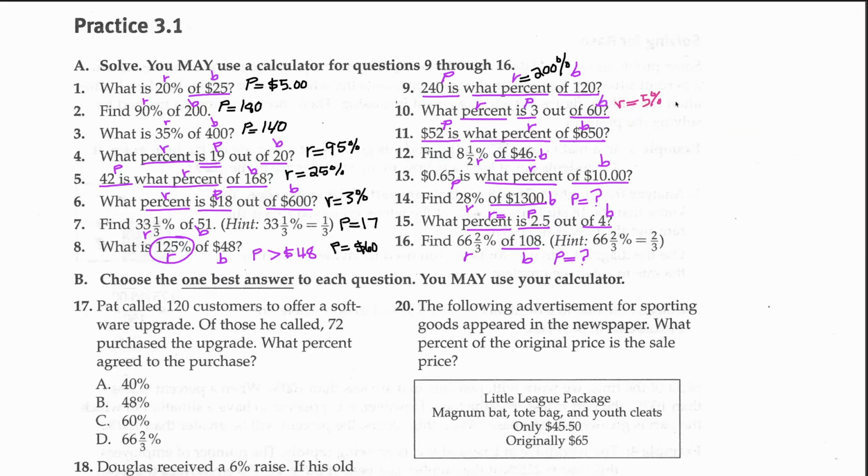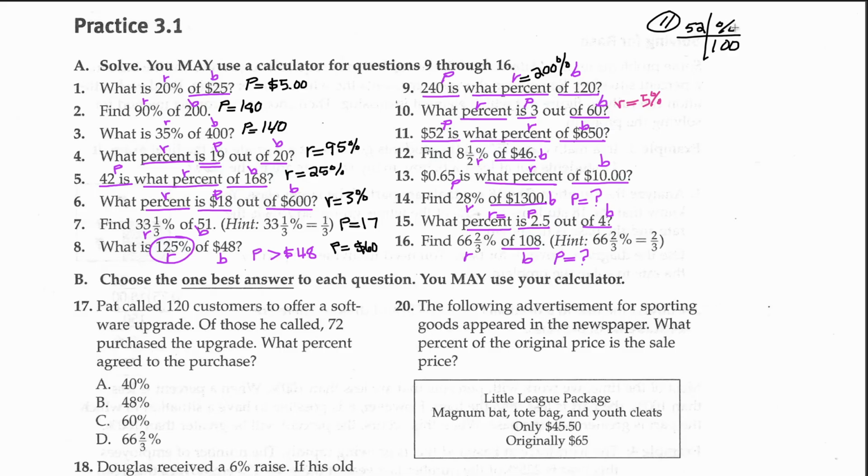Number 11, another percent problem. So let's work on 11 here. 100 goes here. $52 is. So $52 is the part. What percent is we don't know.